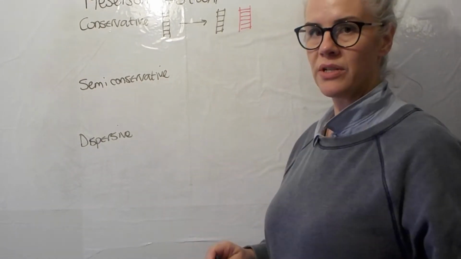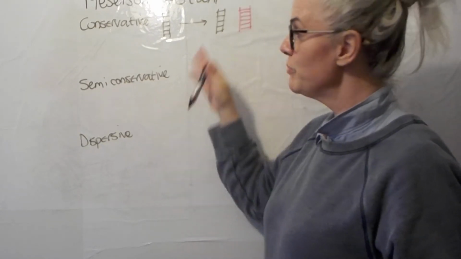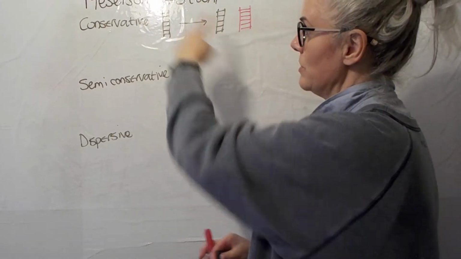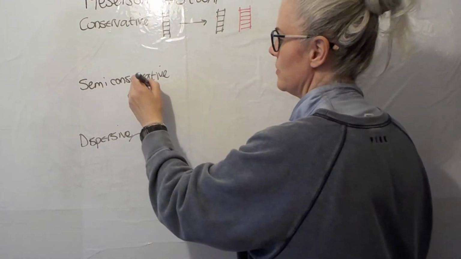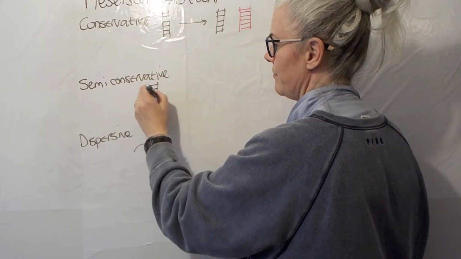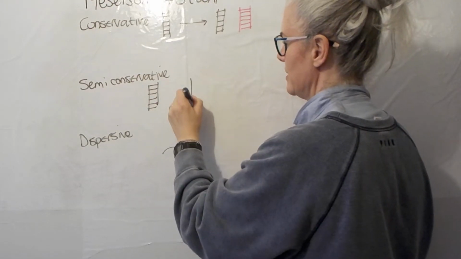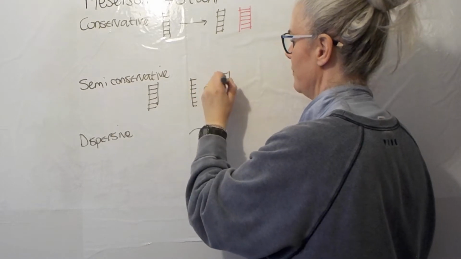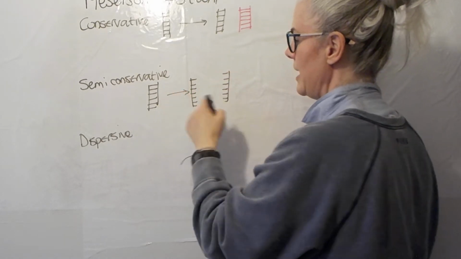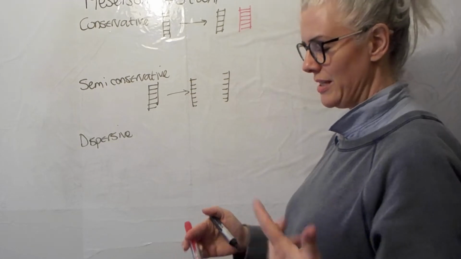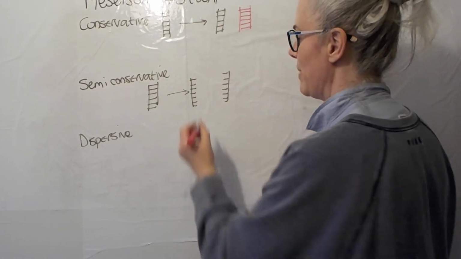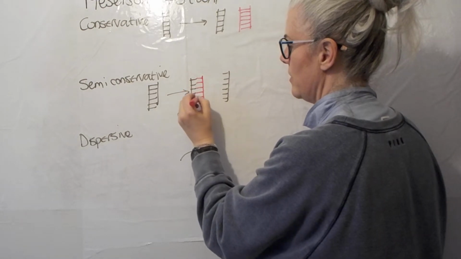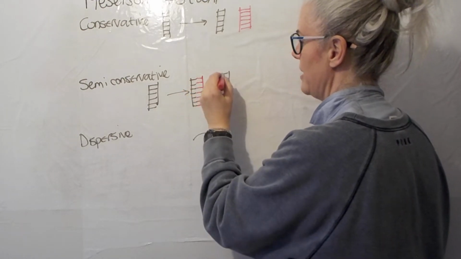Semi-conservative, we've already discussed, we know this one to be true, but this is the evidence for it. So how do we know that it's true? And that's down to these guys. So what they said was that your DNA would split, each old strand, each original strand would act as a template for a new strand of DNA to be made against.